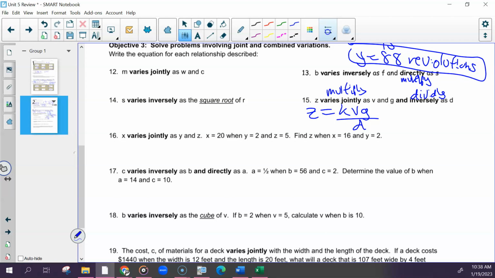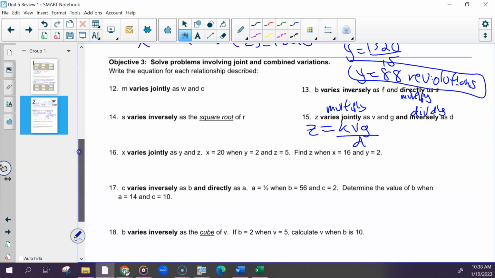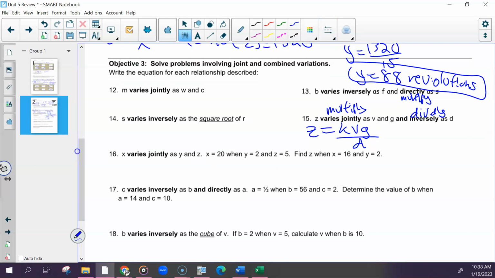Questions on that? So we could do 13 or 14 if you have questions on one of those, and then others here. Which one? 13, sure. So for 13, we have inversely, so we're dividing, and then directly we're multiplying. And I wrote all in there, so I'm going to do this over here.